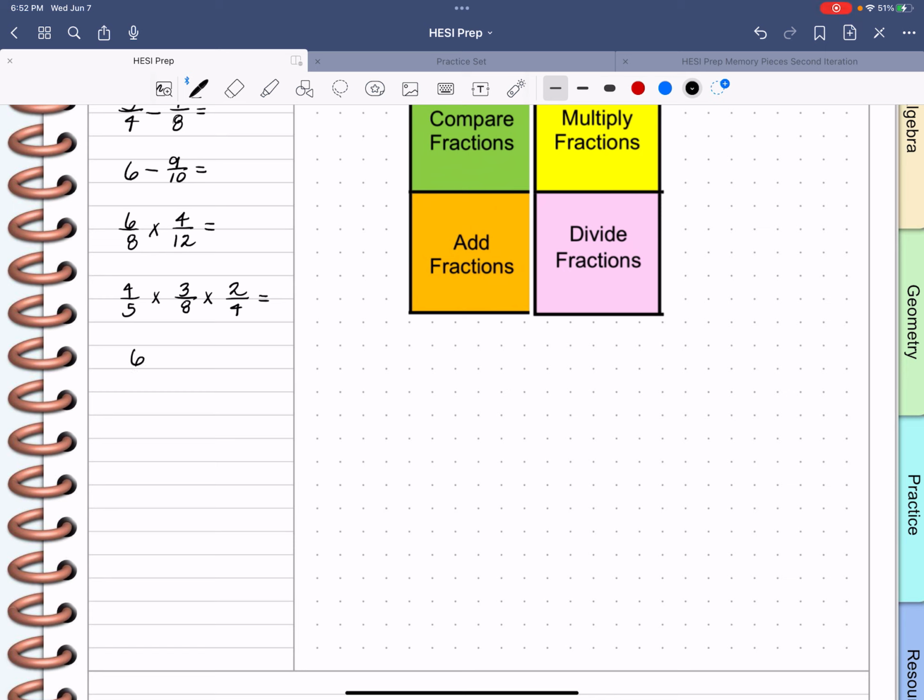And then 6/8 divided by 5. And 5 1/4 divided by 2/3.